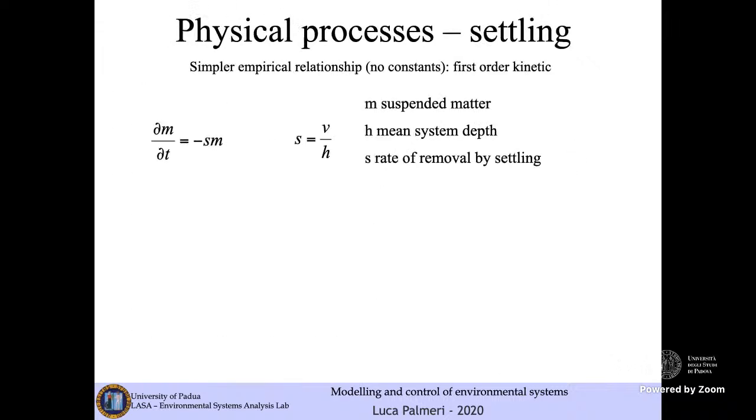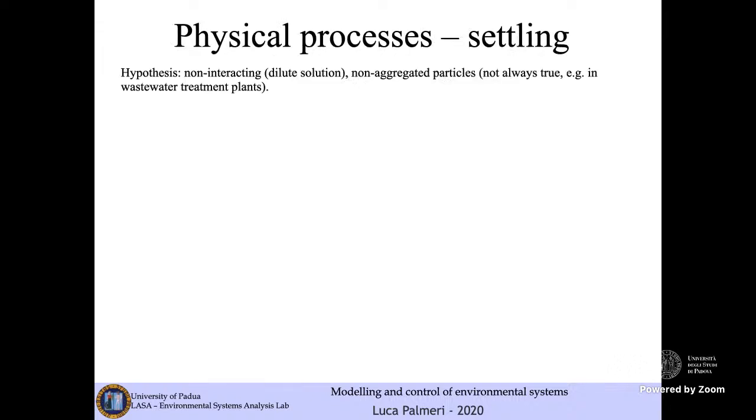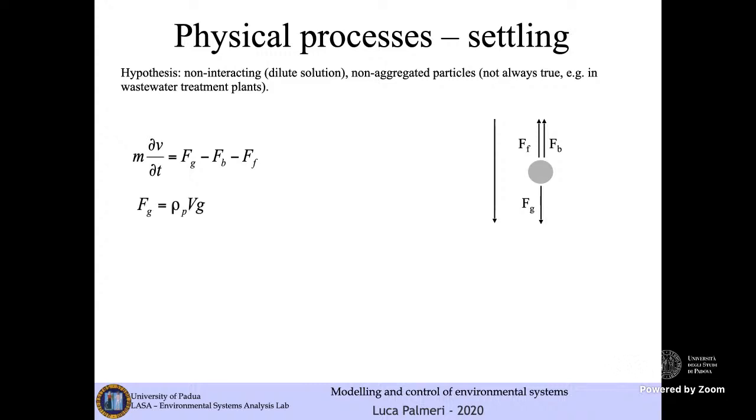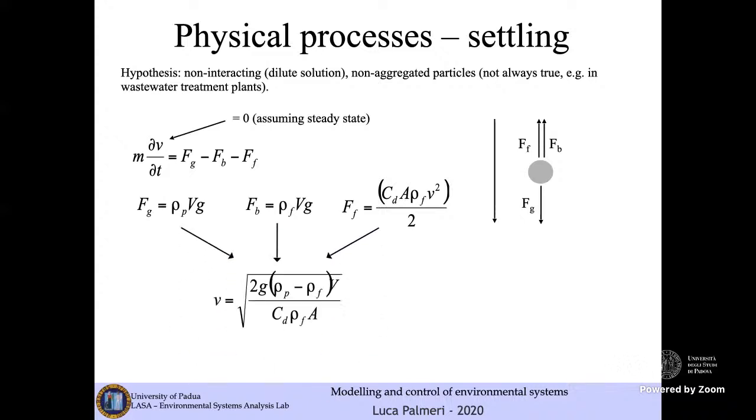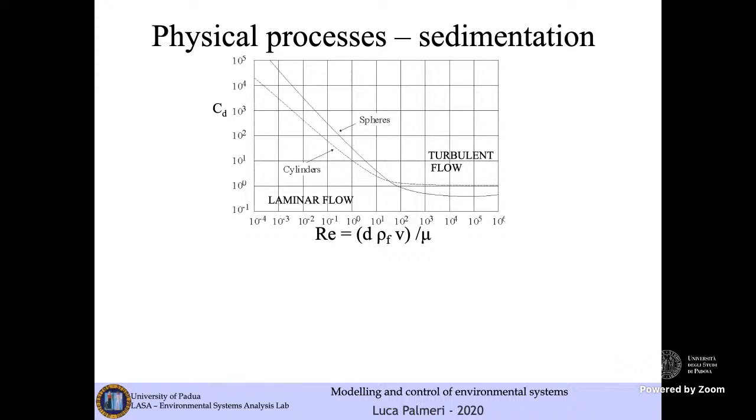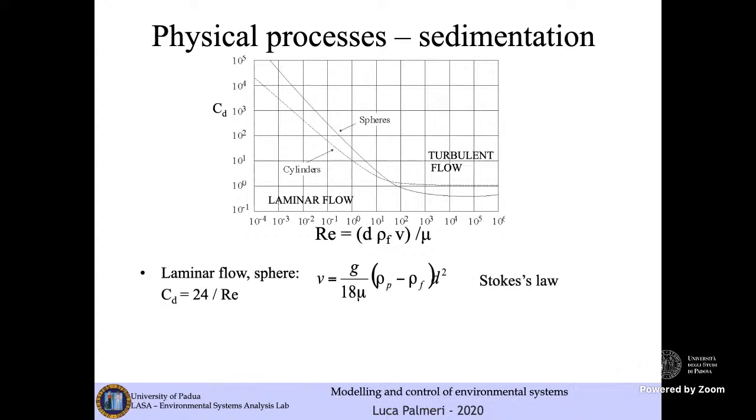Okay, this is more or less all you have, or you can use to describe settling. So you may start by explicitly employing Newton's law, and in the assumption of steady state conditions, you may obtain a relationship for the settling velocity, and you may find approximations of this relationship according to the condition of flow, so Reynolds number from laminar to turbulent flow, but also according to the different shapes of a particle.